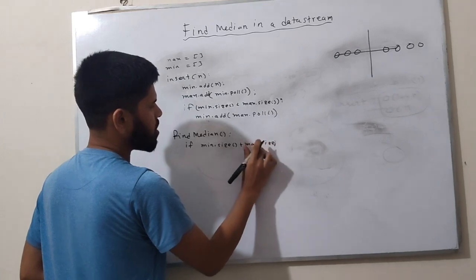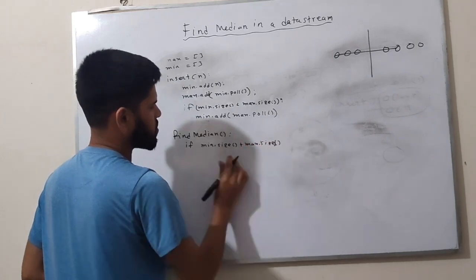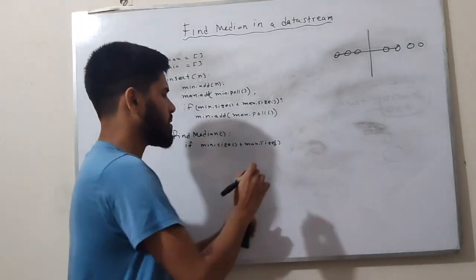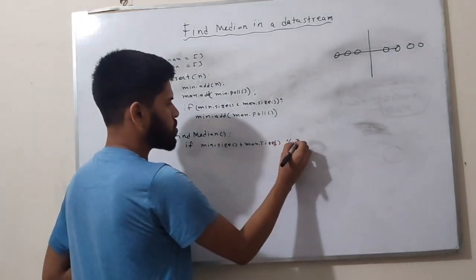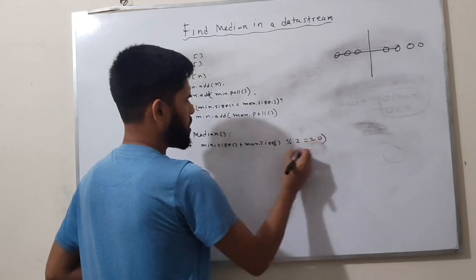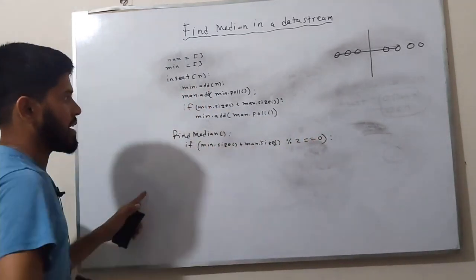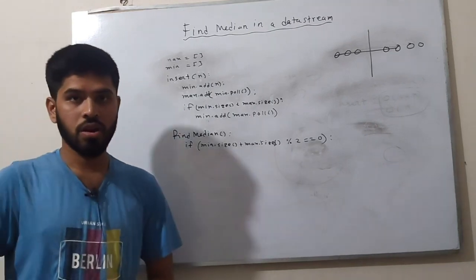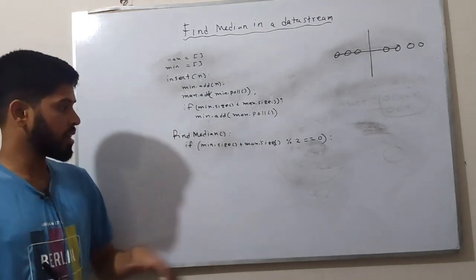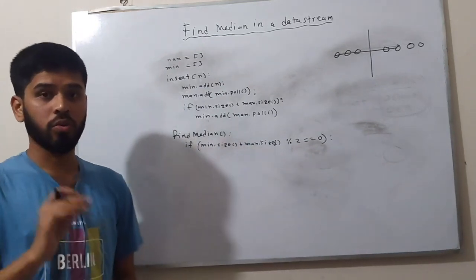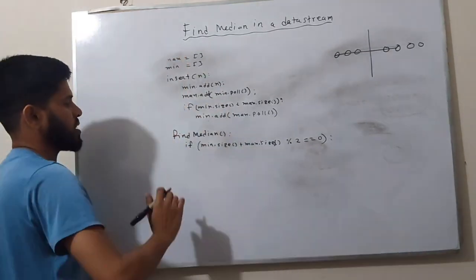If the size of min heap plus max heap modulus 2 equals 0, it means that we have an even number of elements in our current stream that is stored in our data structure.